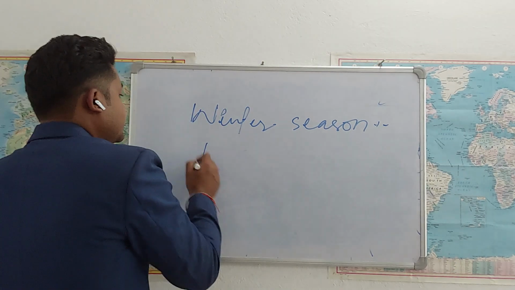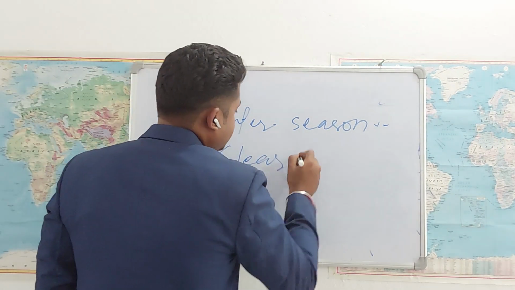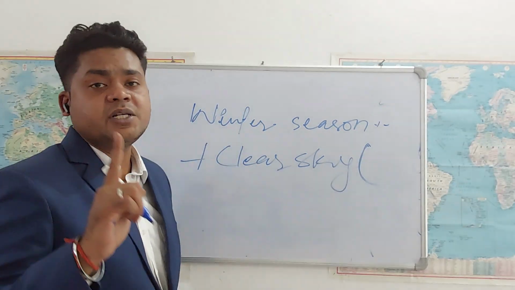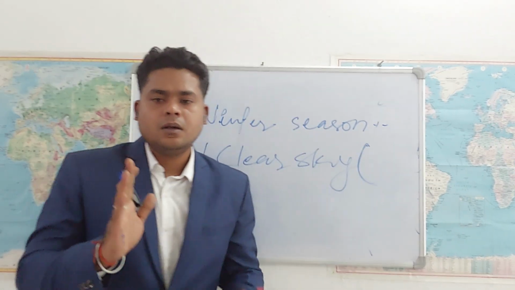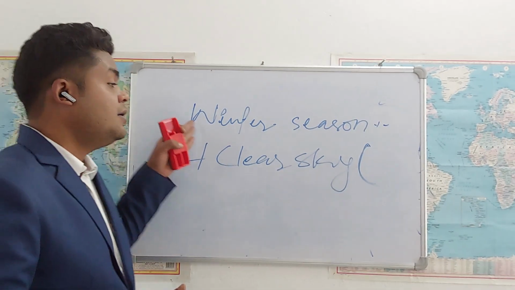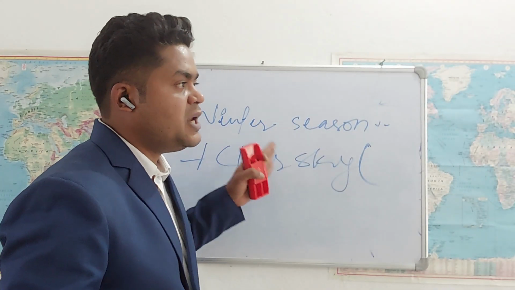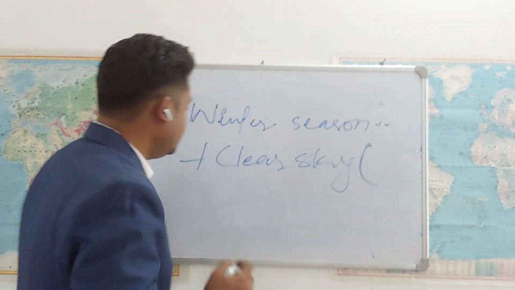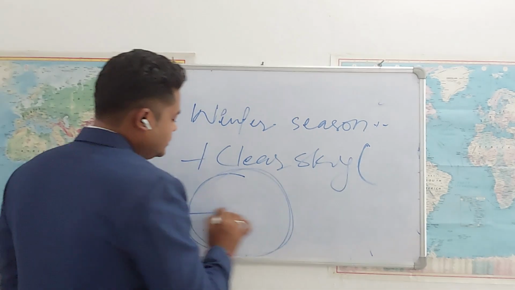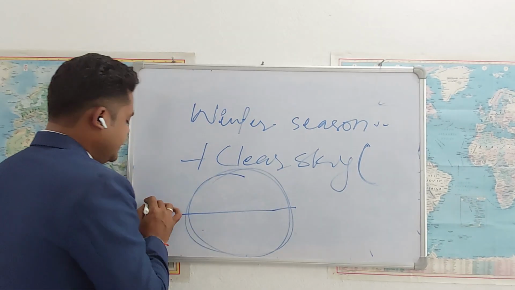You need a clear sky. Clear sky means what? No formation of clouds. Now where can you find the temperature inversion case around the world? Basically you cannot find it around tropical areas.